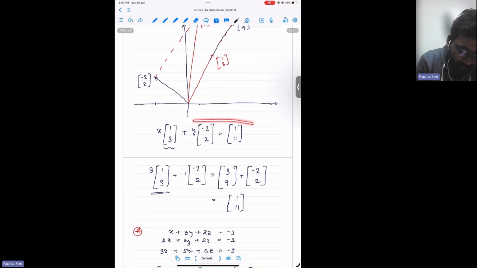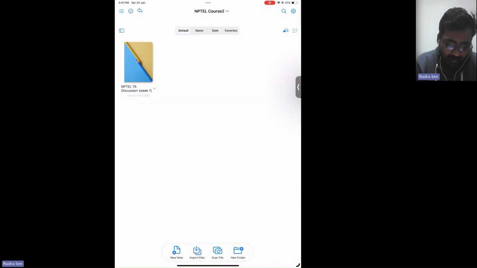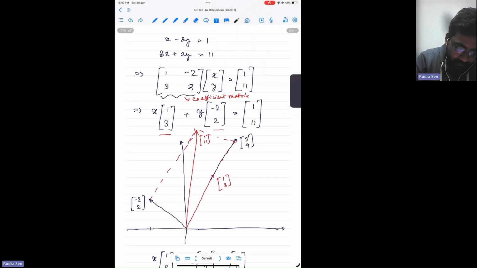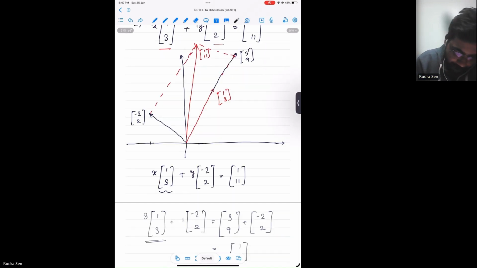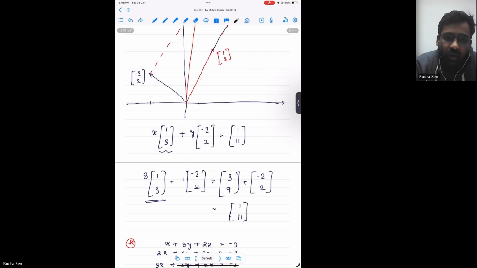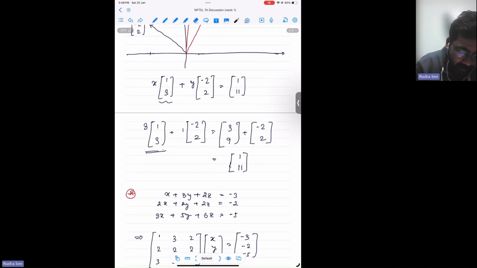If this is the column format of this equation, and we multiply the first column with 3 and the second column with 1, we will get 1, 11.